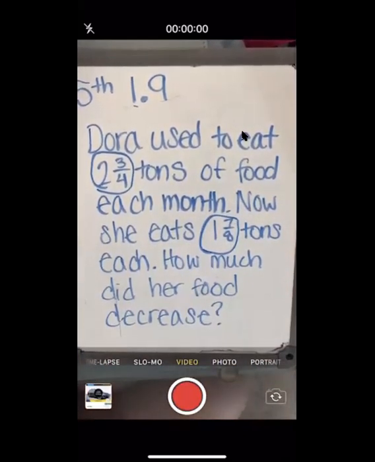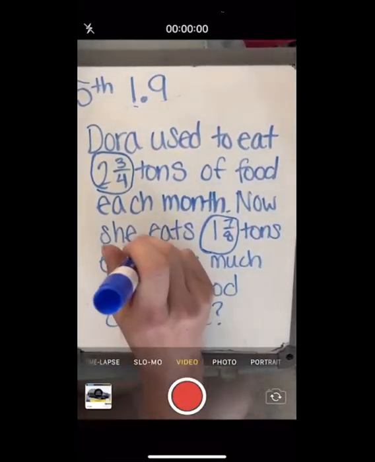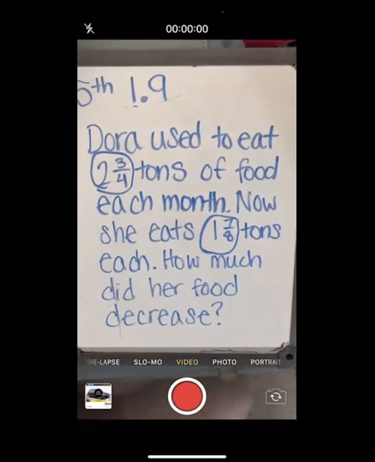So make sure you have your numbers written down, and then we need to come up with some sort of equation. So Dora used to eat 2 3/4 tons of food each month. Now she eats 1 7/8 tons. So what kind of equation could I write for this? Anyone have an idea of an equation?